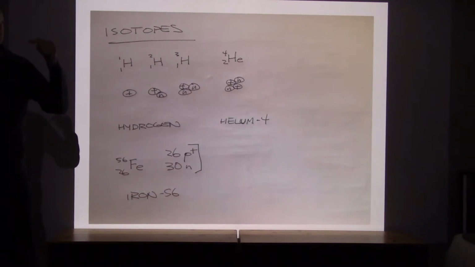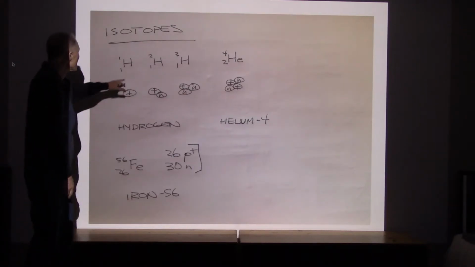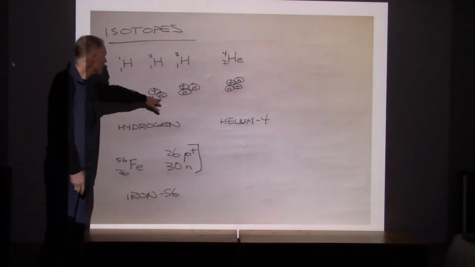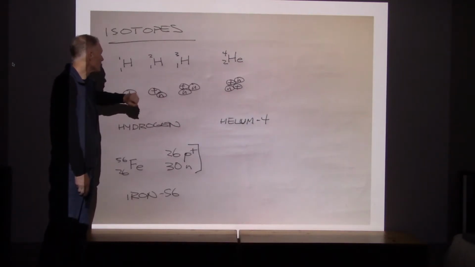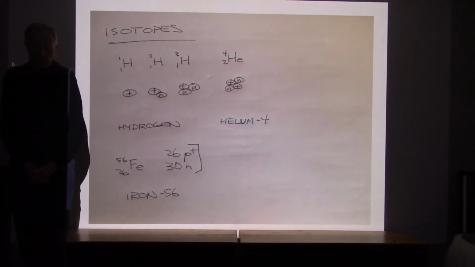And then by counting the number of protons and neutrons, that'll give us the mass of that nucleus in terms of atomic mass units. And that's handy because that'll give us integer numbers. So for example, the mass here is pretty close to about 1 atomic mass unit. The mass for hydrogen 2 is about 2 atomic mass units, and for hydrogen 3 is 3 atomic mass units.